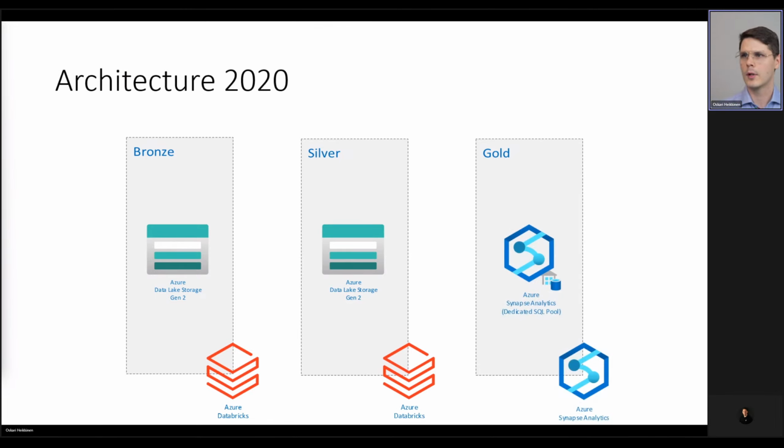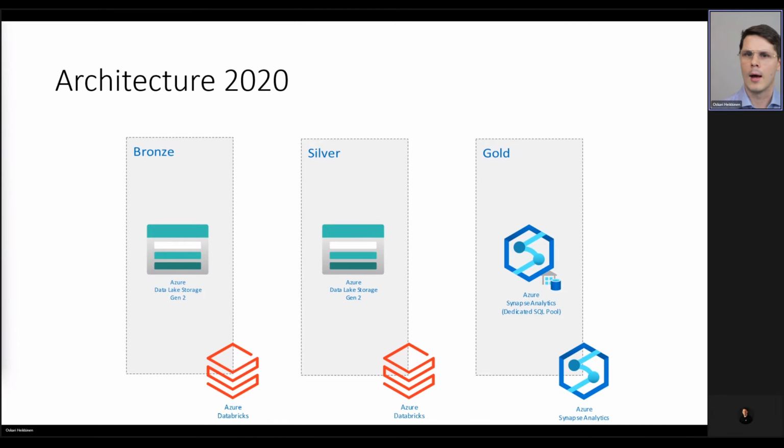And then in 2020, we finally saw the introduction of Azure Synapse Analytics, so the dedicated SQL pool being the successor of Azure SQL Data Warehouse.